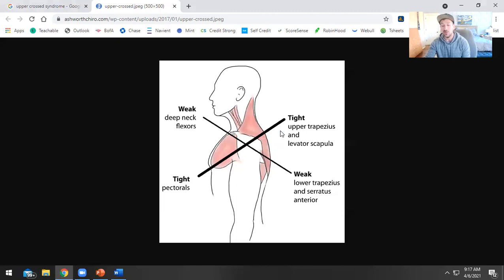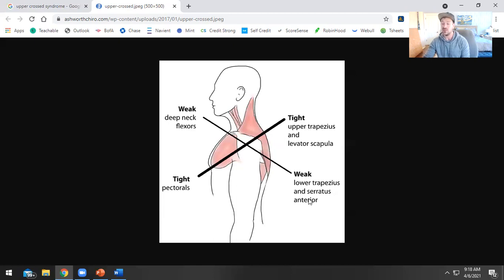Now if we go to the opposite muscles of these tight muscles back here, on the other side we're going to see weak neck cervical flexors, right? We see some weakness here in the neck that is supposed to keep your head nice and upright, back on your body, standing tall. And then we see weak muscles here in the lower trapezius, which is exactly the opposite of the upper trapezius.